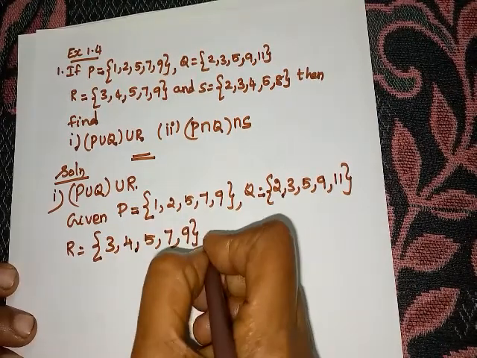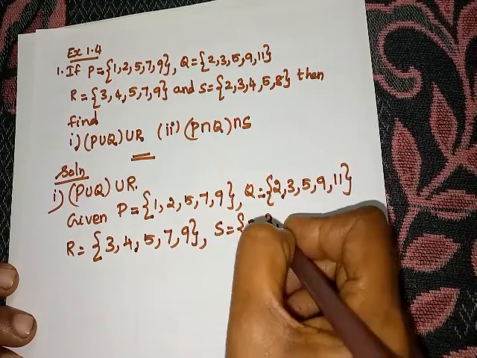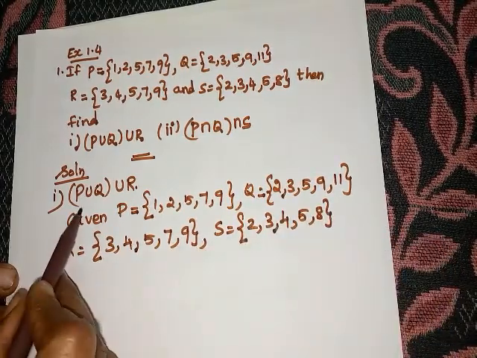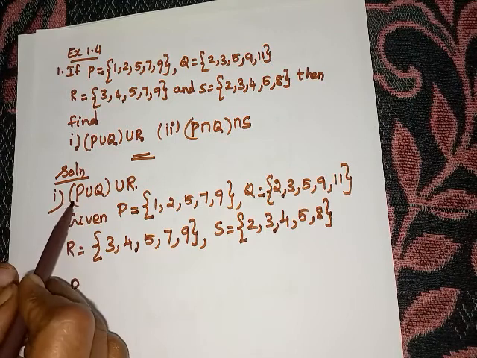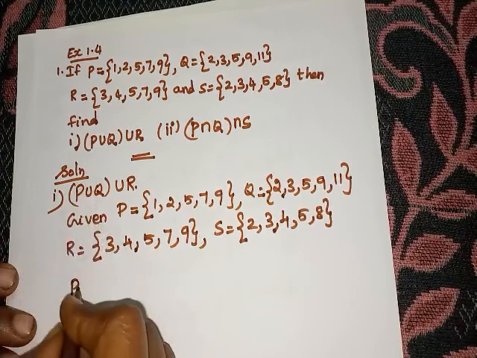S is equal to {2, 3, 4, 5, 8}. First we have to find P union Q. The first bracket inside has P union Q, so first that one alone we have to find.